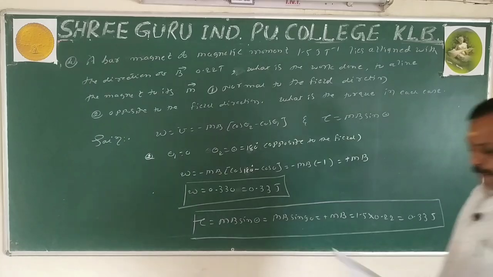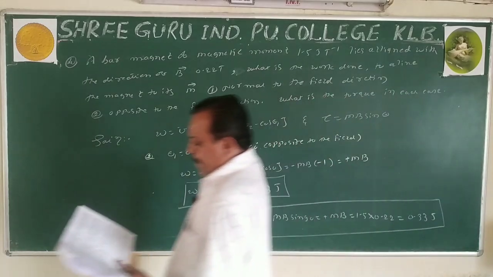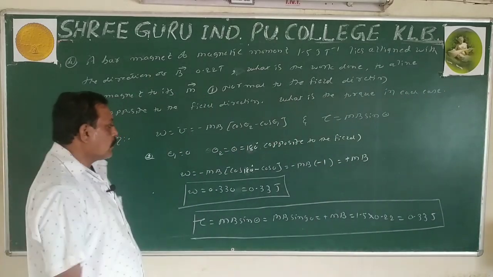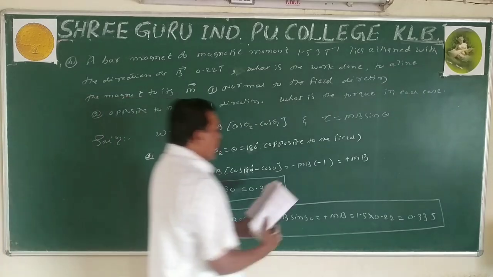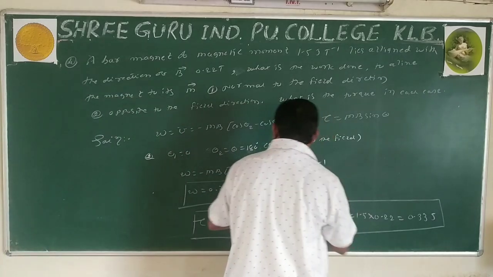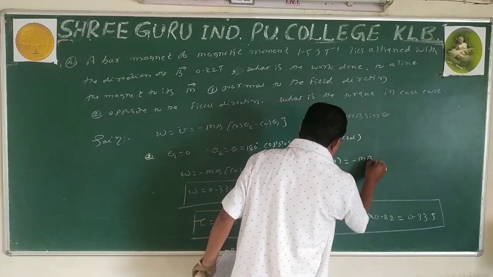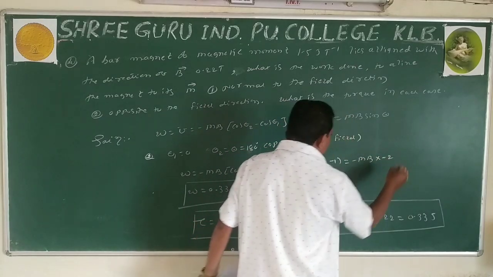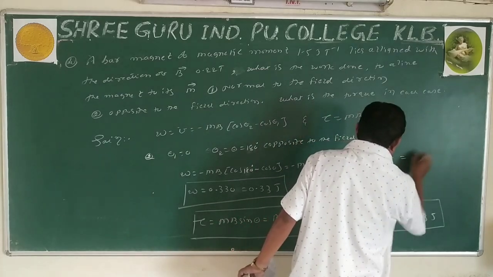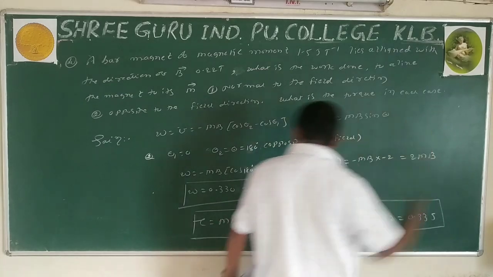सही है? राइट. cos 0 is also -1. इधर एक है ना, cos 0 -1, a -1 minus mb into -2, plus 2 mb. Right?